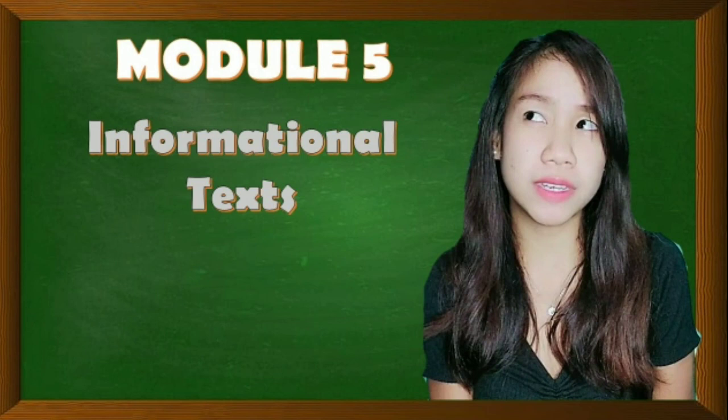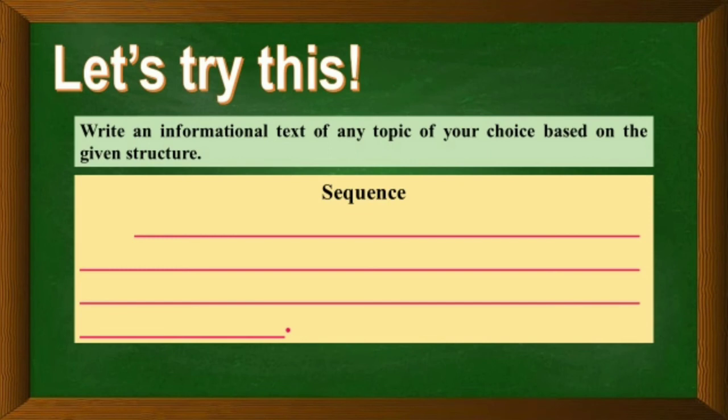And for Module 5, this is all about informational text. Everything that's informational falls under this Module 5. And so in your examination, there will be a part where you have to write an informational text of any topic of your choice based on the given structure.